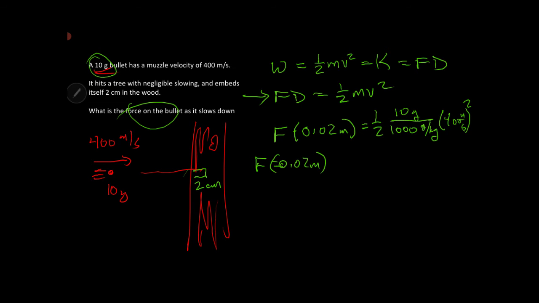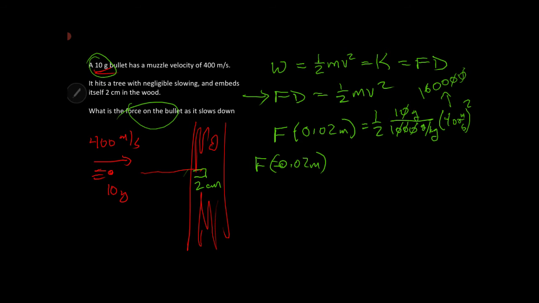Let's see what happens here. So 400 squared is 16, then 4 zeros, meters per second squared. So I cancel 2 of those. This is 10 grams, so I'll cancel 1 of those.